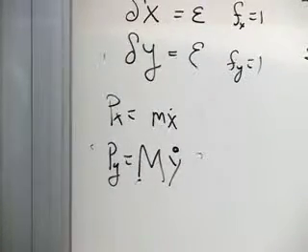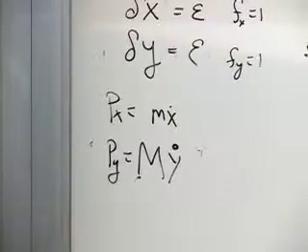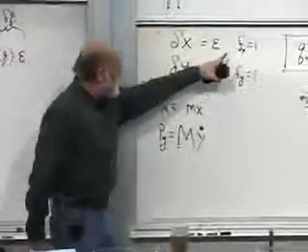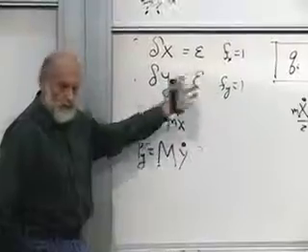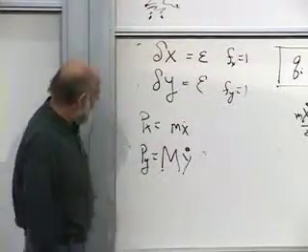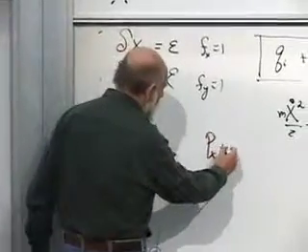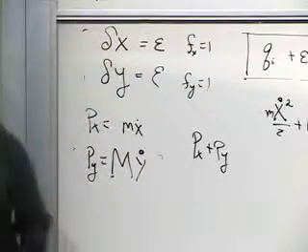The conserved quantity is the sum of p times the shift of each of the coordinates. The shift of each of the coordinates is just by 1 unit. I mean, you can drop the epsilon. The epsilon is just there to remind you that we're talking about a small shift. All right? So what's the conserved quantity? It's just p_x plus p_y. The total ordinary linear momentum.